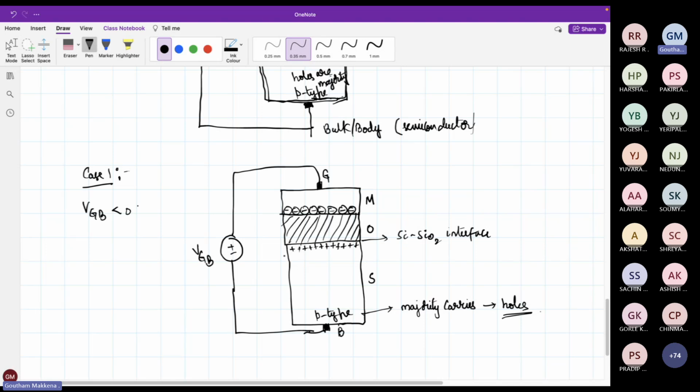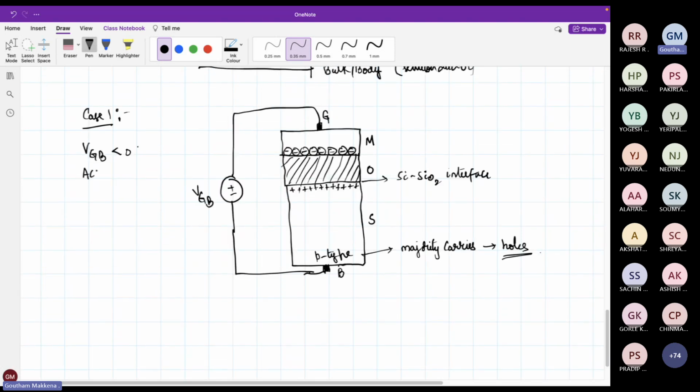Okay, so these holes, these majority carriers, they come and stick to the interface. So this is called as what? This is called accumulation. The holes that are majority carriers in the semiconductor are attracted to the interface now. This phenomenon is called accumulation.